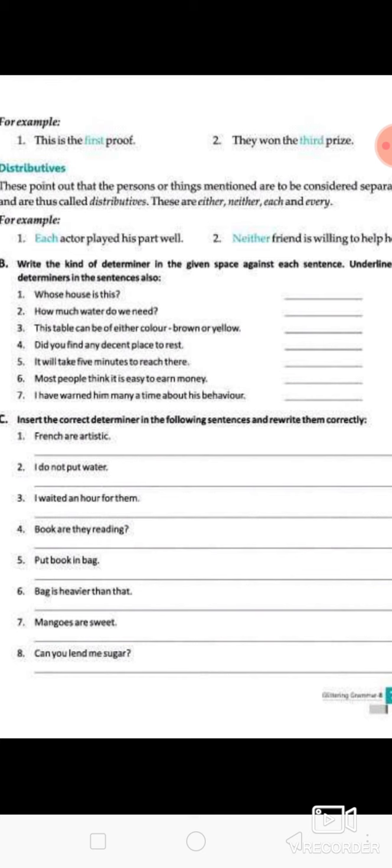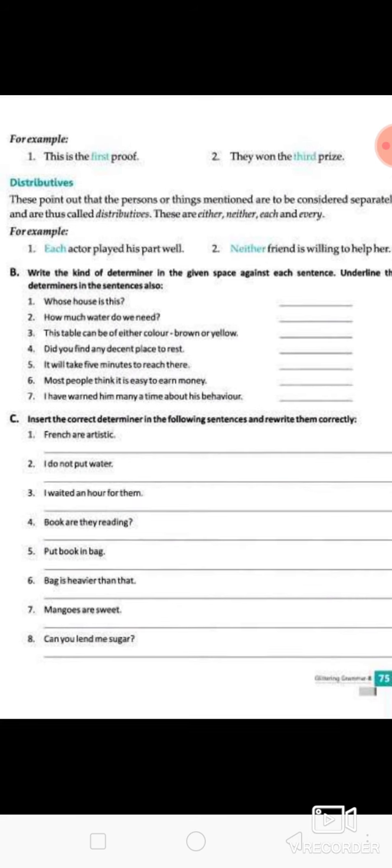Distributives, the last one. These determiners point out that the persons or things mentioned are to be considered separately and are thus called distributives. These are either, neither, each, and every. Let me repeat.